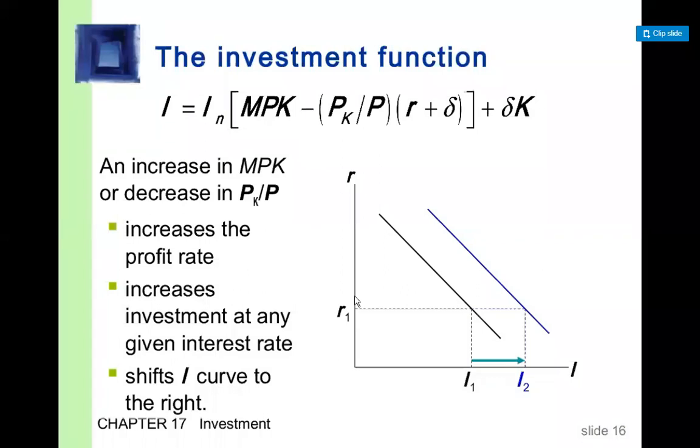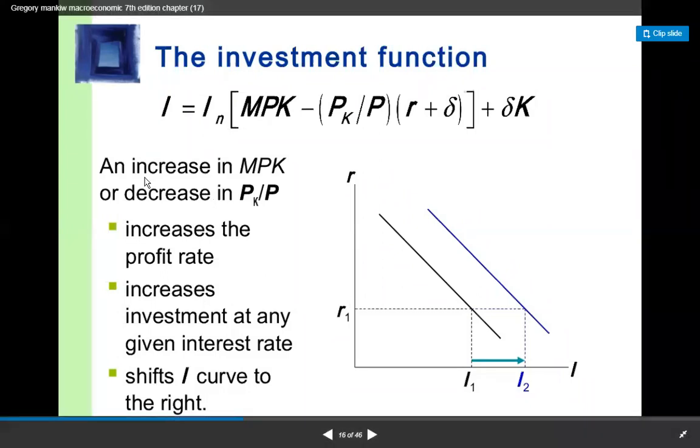Upward shift, right shift; now downward shift. How will it be possible? The investment curve will shift downward. Very simple. The second option, please come here. A decrease, not increase, the opposite: a decrease in MPK or an increase in relative price.